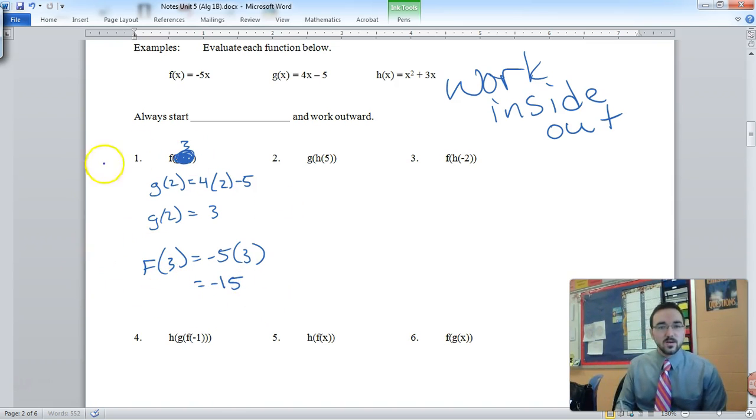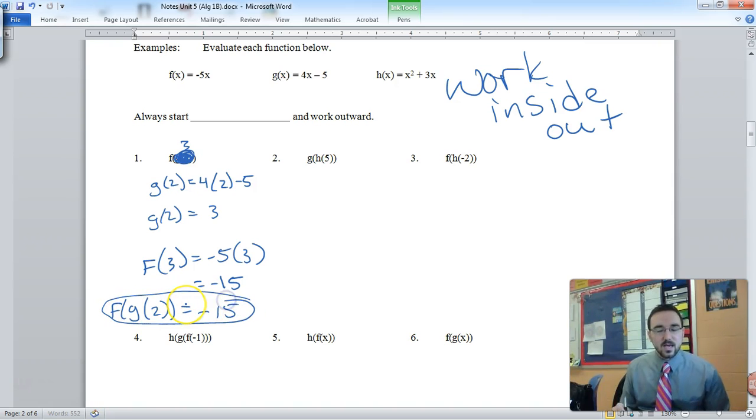So the composite function is f of g of 2 equals negative 15, and that's our final answer right there. Again, we're taking one function, solving it to get to the next function, solving it again to get to the answer. So we're working inside out.